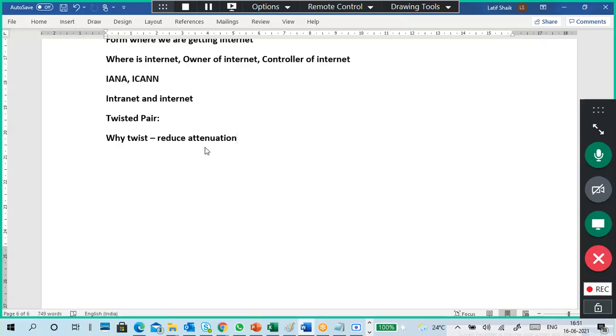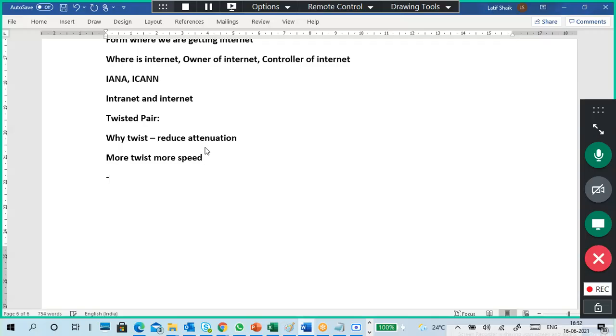The signal strength will be lost after a certain distance. Because of the twist, the signal stays good for a longer distance. It reduces the attenuation. That's why the more twists, the more speed, because of lesser attenuation.